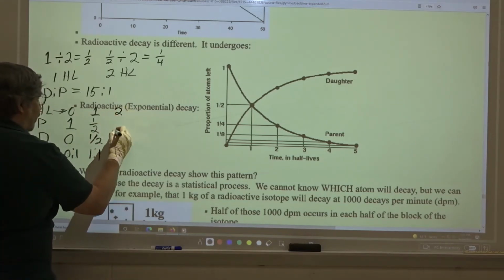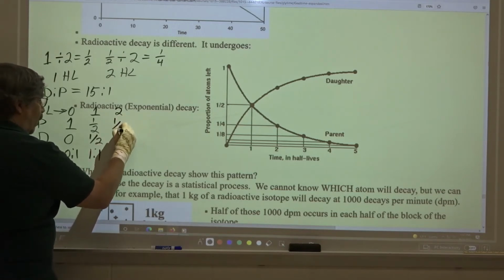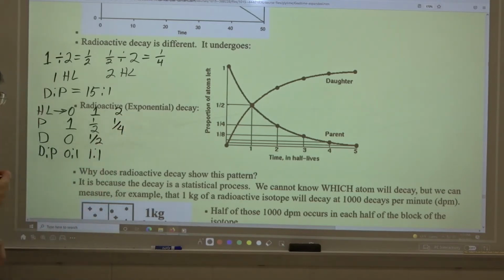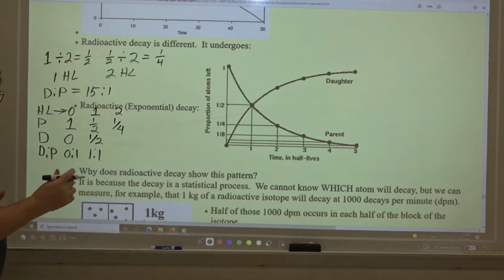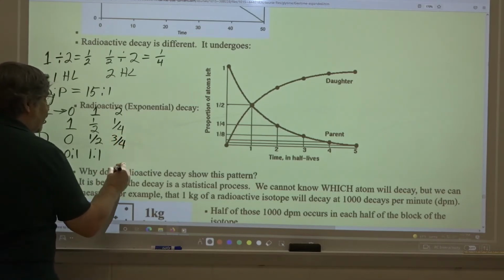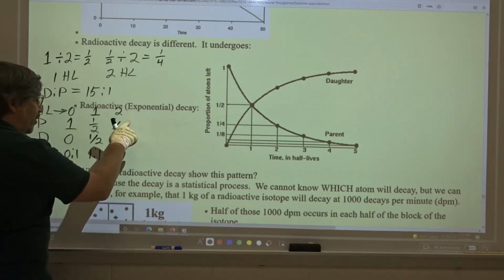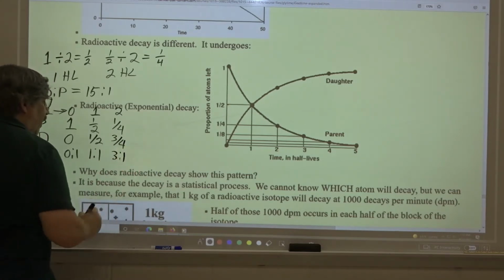After 2 half-lives, we divide this by 2, and we get 1/4, and all the rest has turned into the daughter. And so 3/4 is now the daughter, and so a ratio of 3/4 to 1/4 is 3 to 1.